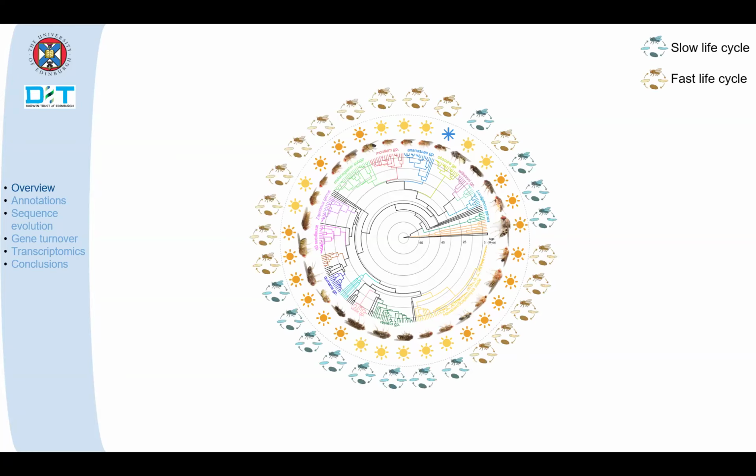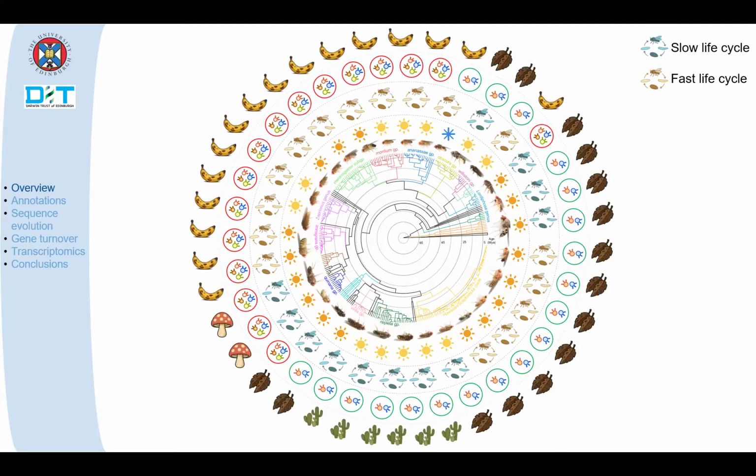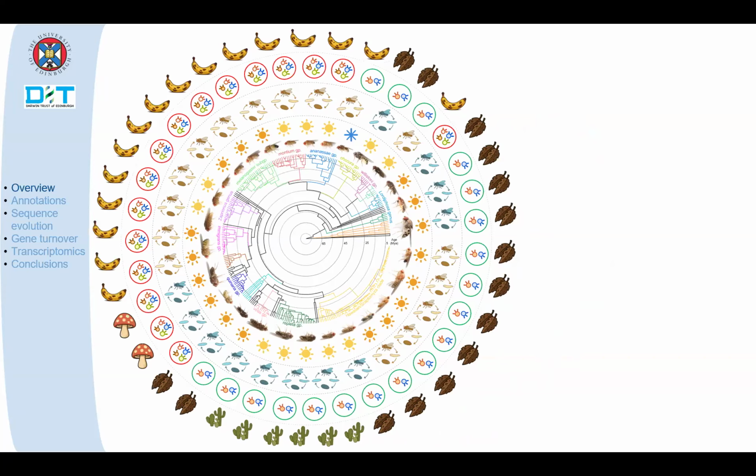They have very different life histories; some species evolve slowly, and some are fast evolving, with a shorter generation time. And some species are exposed to more pathogen communities than others. And some specialize in feeding on rotten fruits, leaf litter, mushrooms, and cactus as well. Each of these axes represents a different selective pressure.